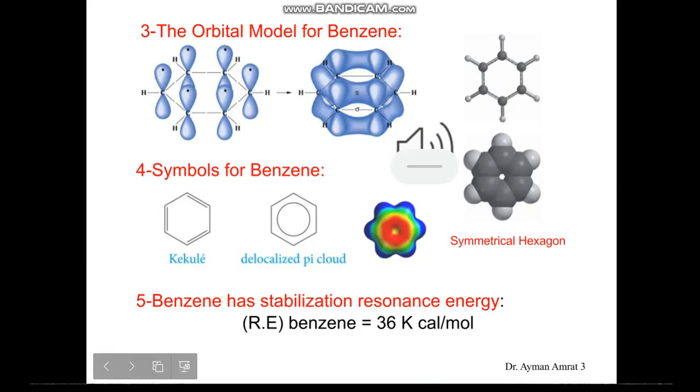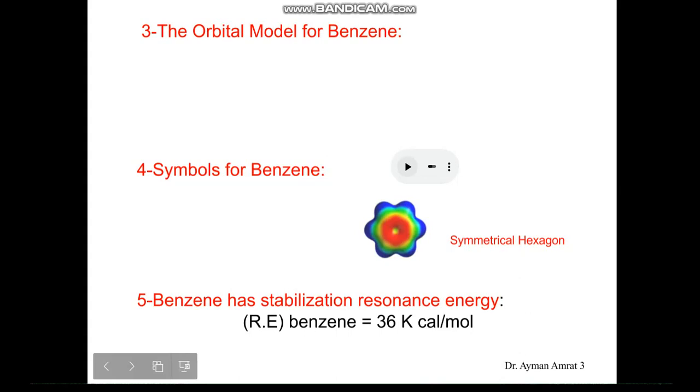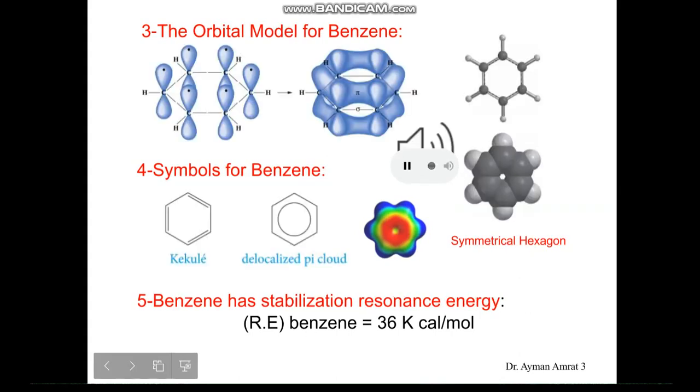The hybridization of benzene is sp2 hybridization, and there is a sideways overlap between each 2 carbons to form a double bond.